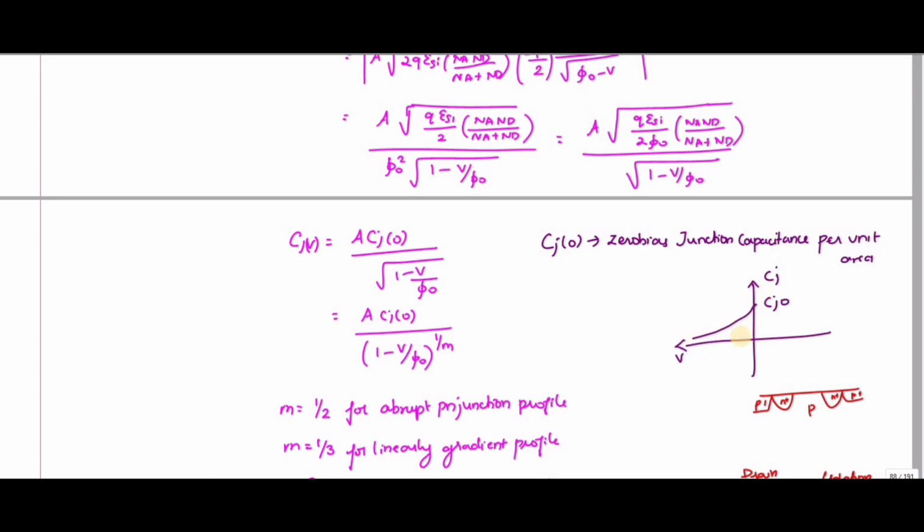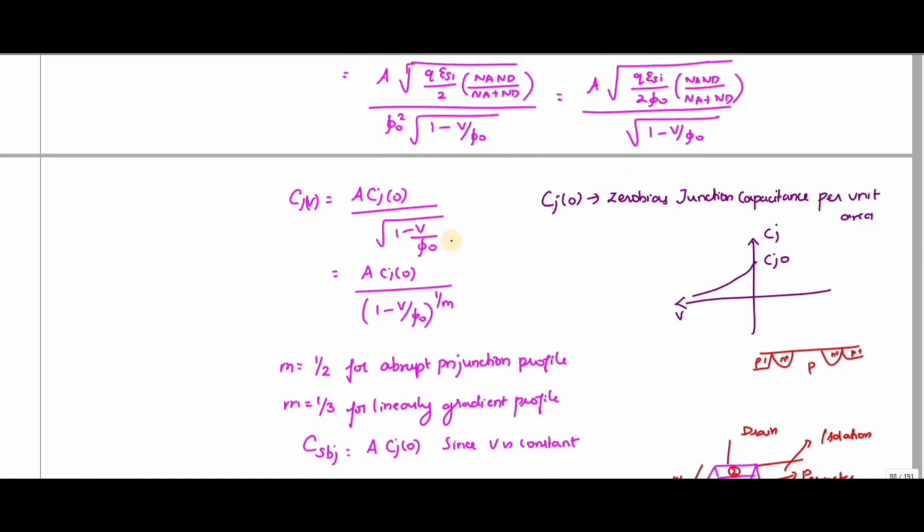So I can write this as to the power 1 divided by m. Here m equal to 1 by 2 is called the abrupt p-n junction profile, and m equal to 1 by 3 is called the linear gradient profile.